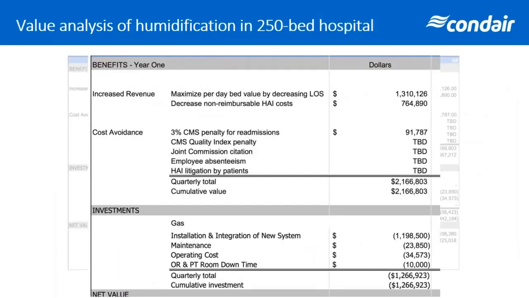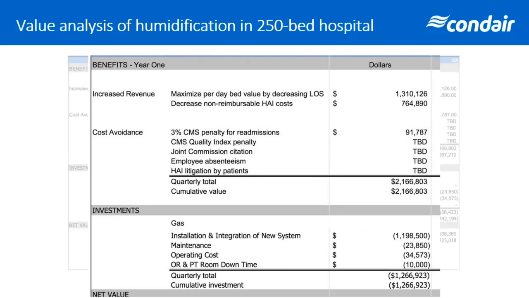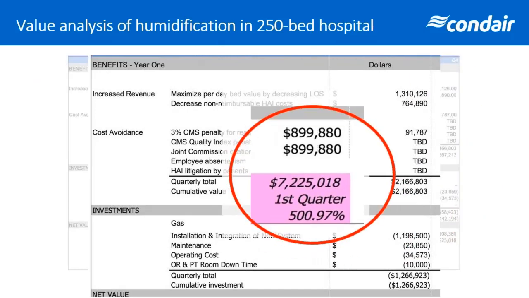If they had humidified, even with a very expensive system, which you don't have to use anymore, this business model is a few years old, but I did an ROI showing that if they put in this expensive system to decrease their infections by only 20%, which is totally feasible, and our research shows you can decrease infections more than that, just looking at a 20% reduction, they could have seen a 500% ROI in their first quarter.